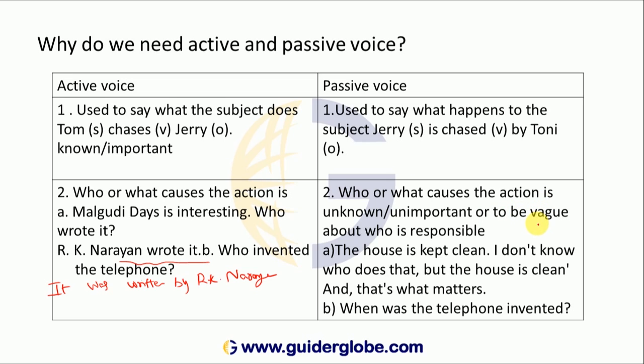What is vague? V-A-G-U-E. His answer was vague. That means not clear about who is responsible. The house is kept clean. I do not know who does that, but the house is clean, and that is what matters.